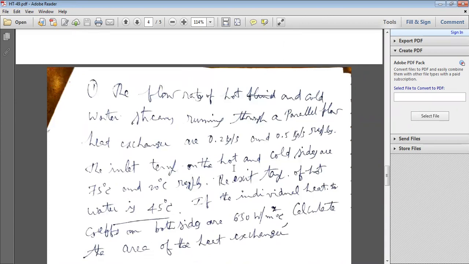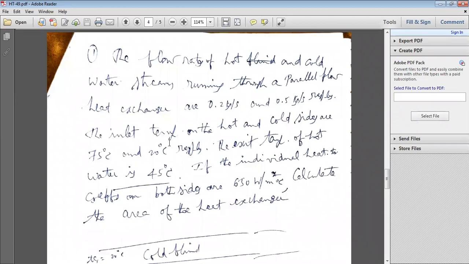Next, all of you read the third problem. The flow rates of hot and cold water streams running through a parallel flow heat exchanger are 0.2 kg per second and 0.5 kg per second respectively. The inlet temperatures on the hot and cold sides are 75 degrees centigrade and 20 degrees centigrade respectively.